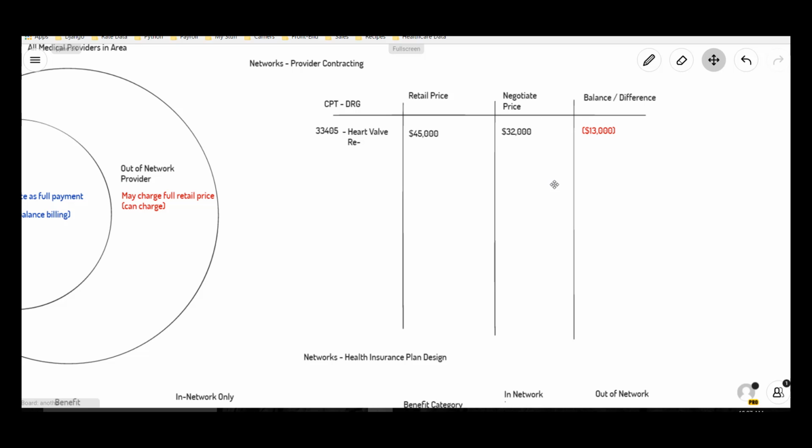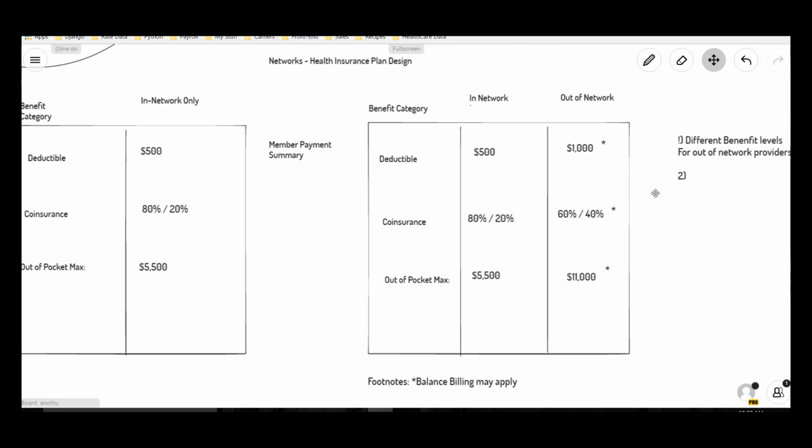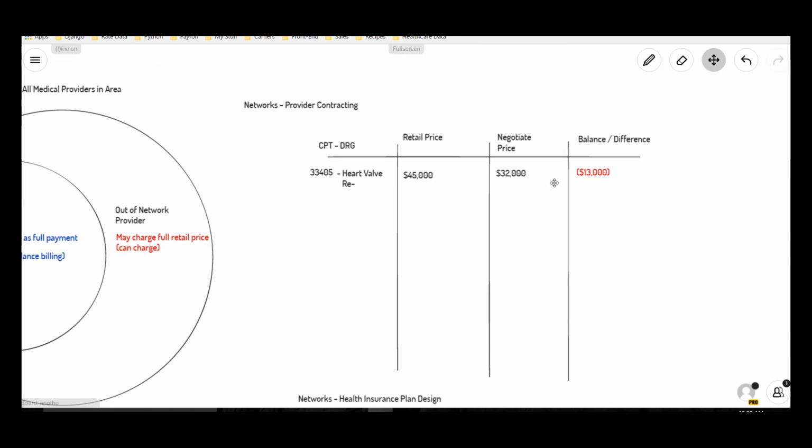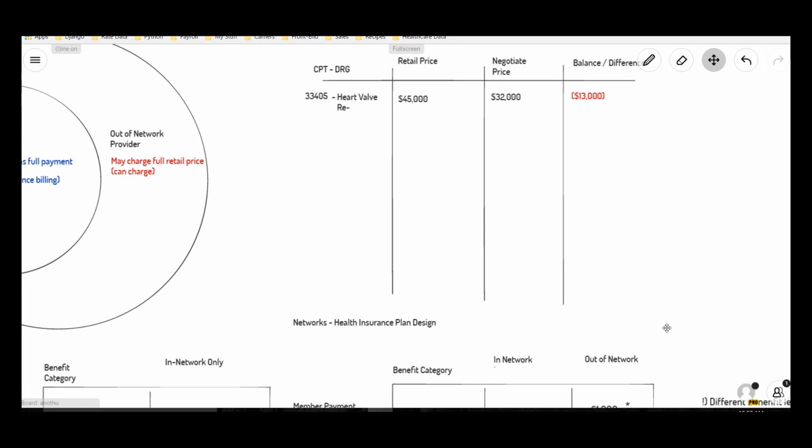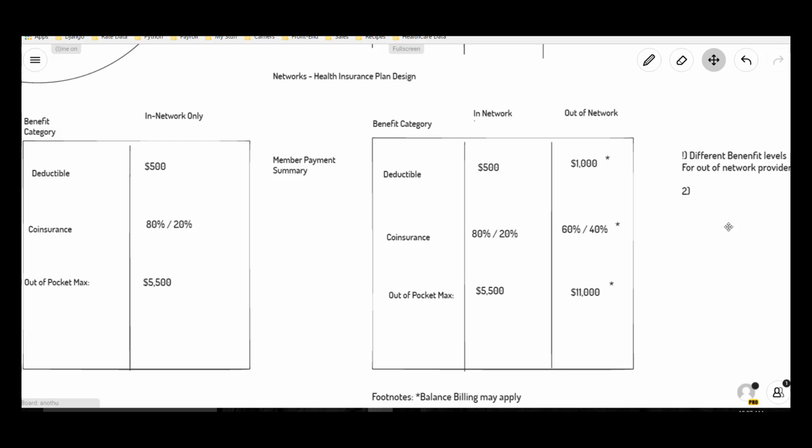Meaning that if your medical provider charges a price higher than the negotiated amount, your health insurance company will pay you the reduced benefit still against their contracted price, and then they'll allow the medical provider to bill you the difference. Which means that essentially out-of-network benefits can be, to put it frankly, dangerous.